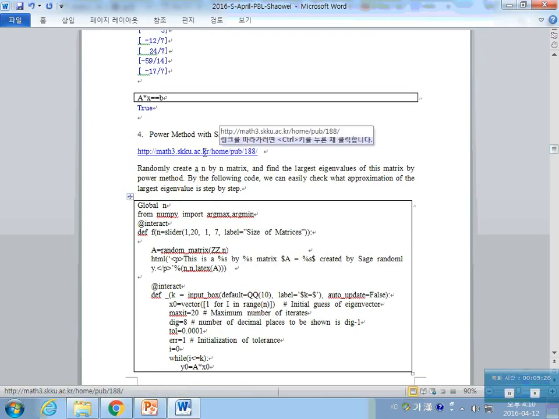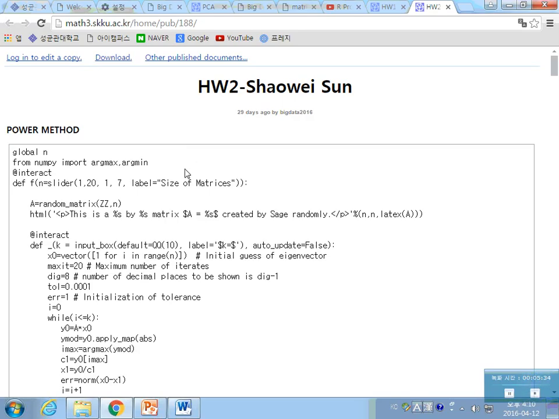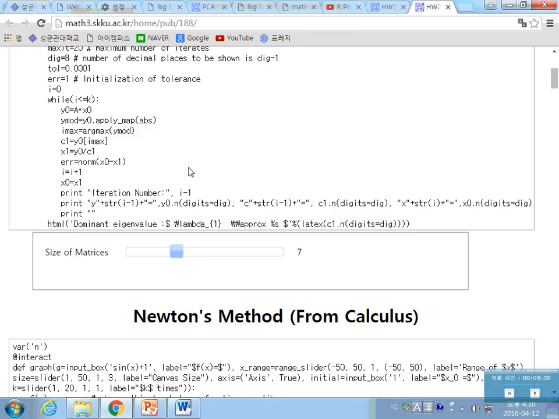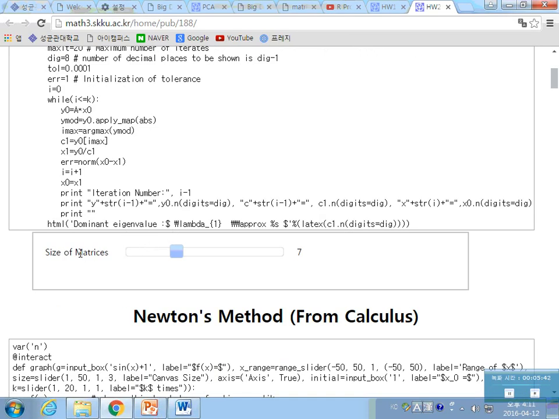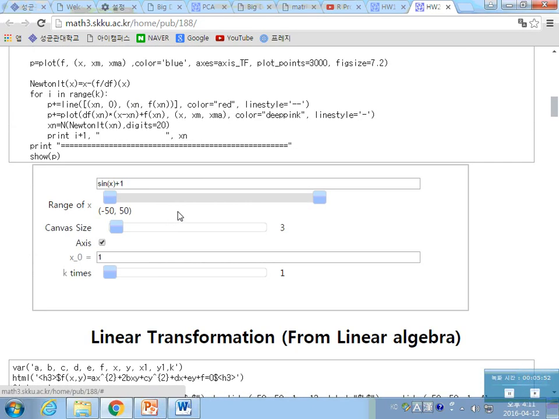Next is about the power method with Sage. First, a little revision of what the professor gave us. Here we can randomly choose some matrix.